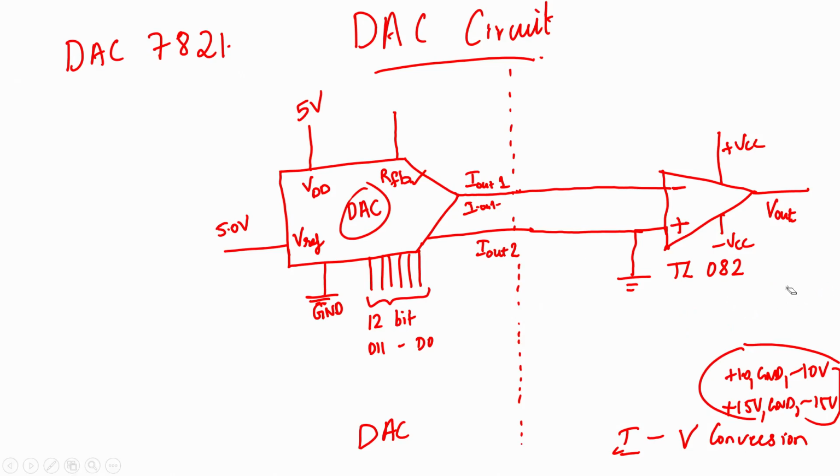In open loop configuration it works like a comparator, and it will immediately go into plus V saturation or minus V saturation, which is roughly plus or minus 13.6 volt for a VCC of plus or minus 15 volt.